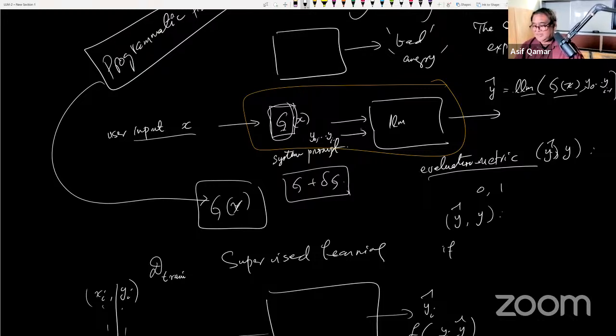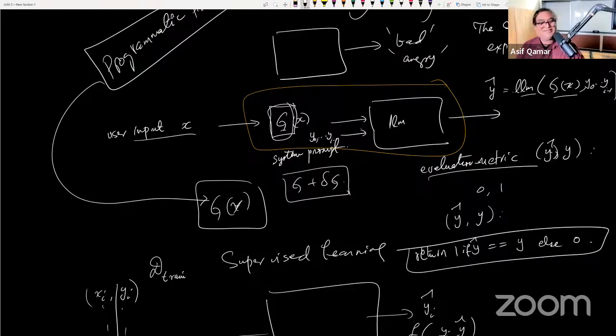If Y hat is equal to Y, because these are both strings, let's say return 1 if this is true, else 0. You see, in one line, you wrote the evaluation function.